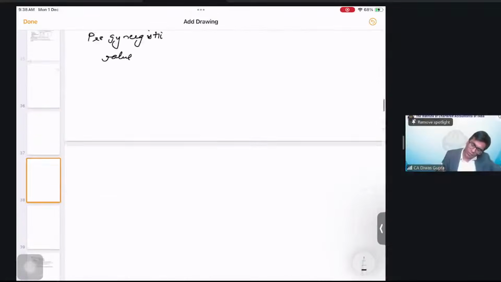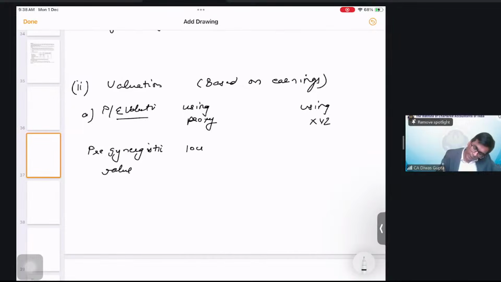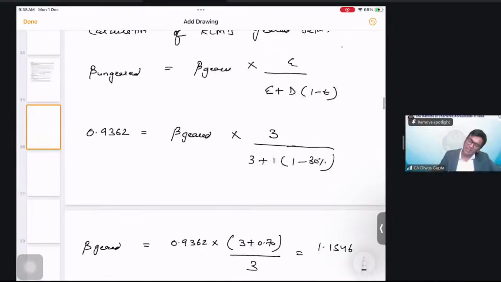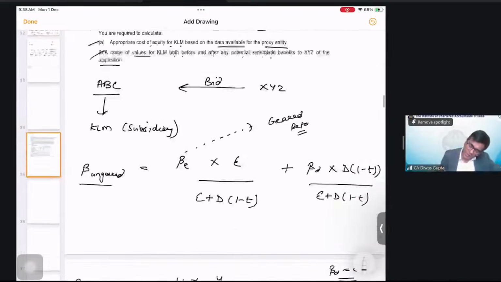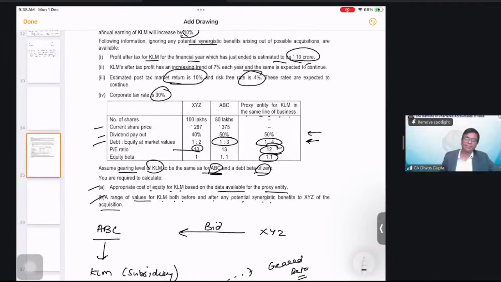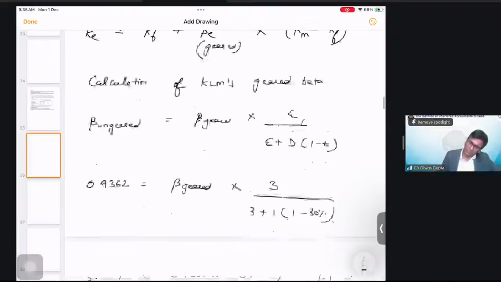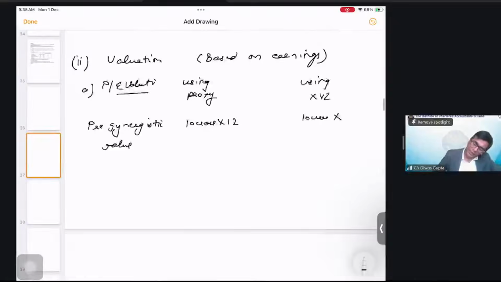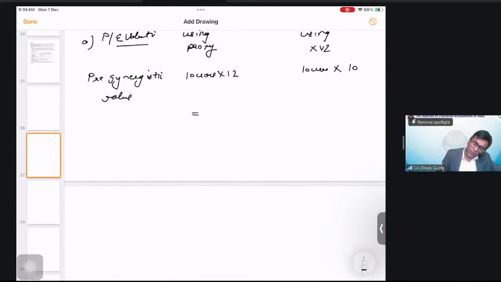So 10 crore into 12. And XYZ will be 10 crores, the same profit, multiplied by XYZ PE ratio. XYZ PE ratio is how much? 10. Right? So 10 crore into 10, 10 crore into 12, again 120 crores. From the perspective of proxy it is 120 crores, and from XYZ's perspective, it will be only 100 crores.